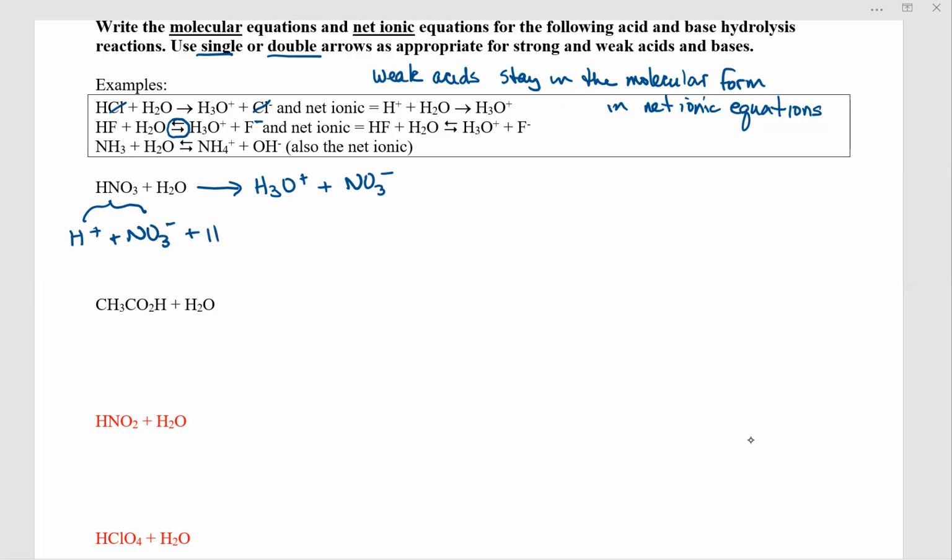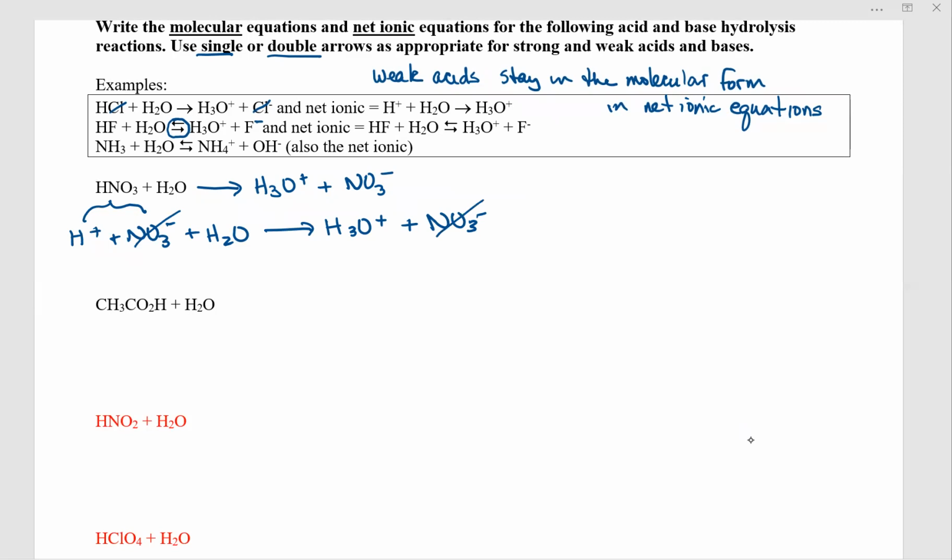So now I'm writing everything out. This is my ionic equation here. And this is going 100% to H3O+ and NO3 minus.